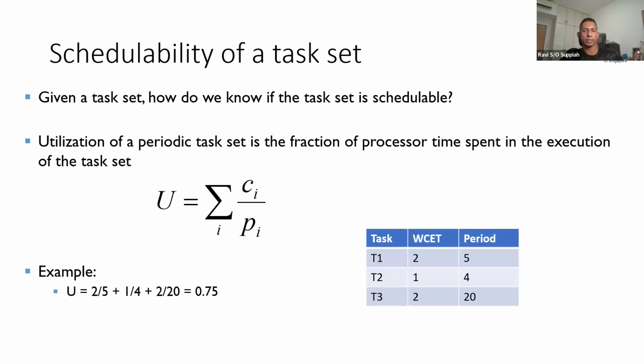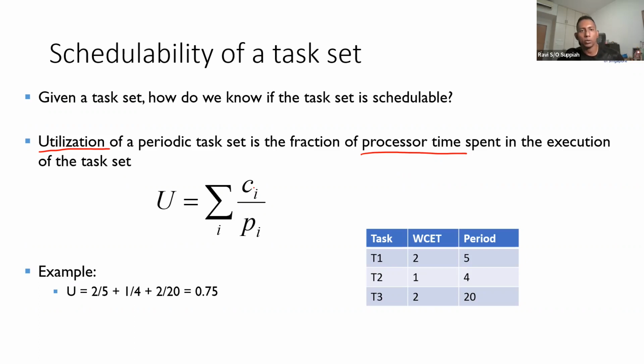How can we do that? The first thing that we need to compute is what we call the utilization. This utilization is basically a measure of how much of the processor time you are using. Because you have a single processor and you're trying to spread that processor across all the different tasks that you have, we need to see whether you have enough processing power to spread out across all that you want to do.